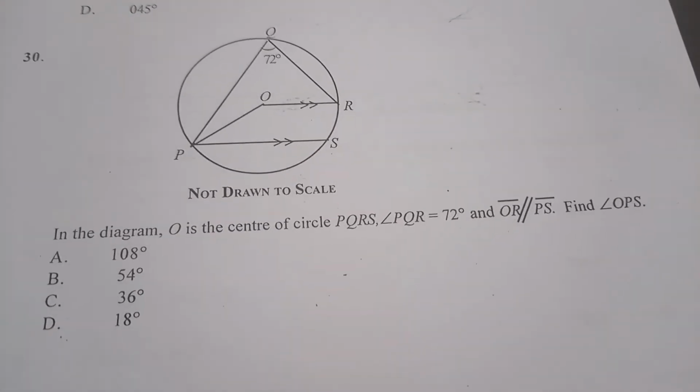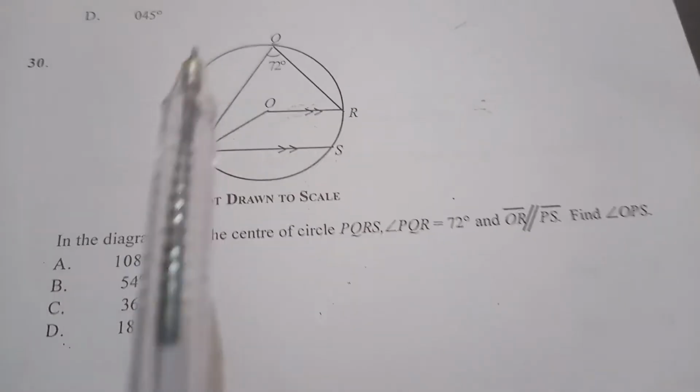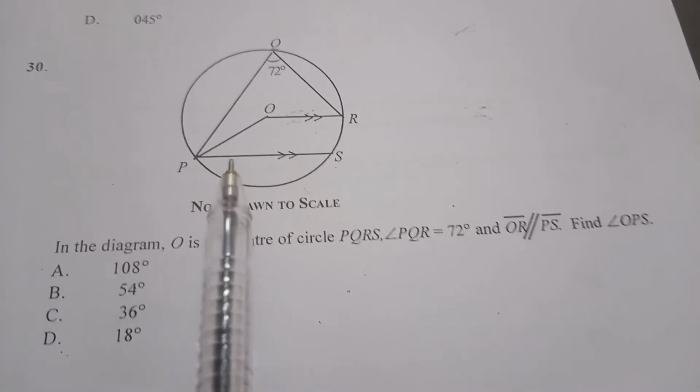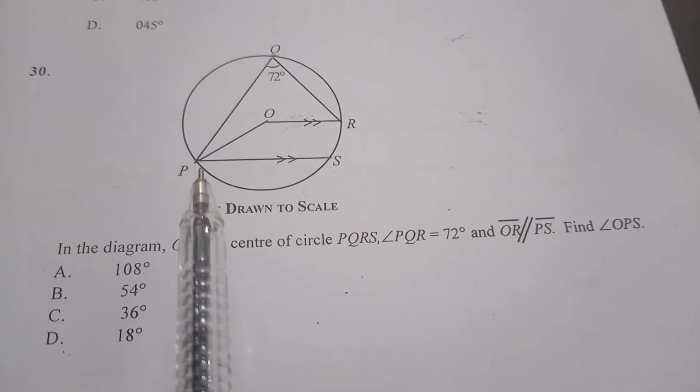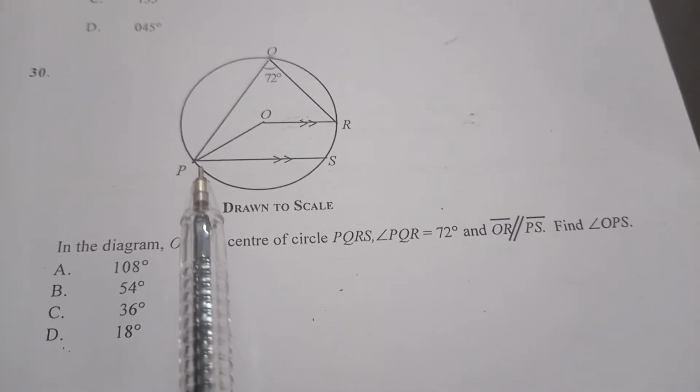The fact that the question says O is the center of the circle, it means that this chord, remember when I was explaining in theory 1, I said at times the chord might not even be joined.